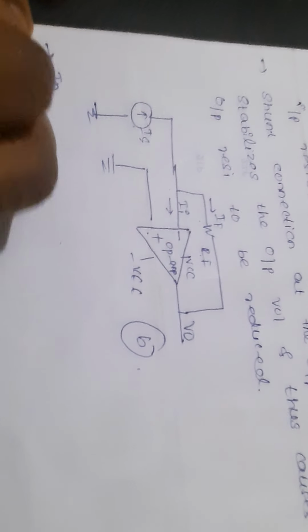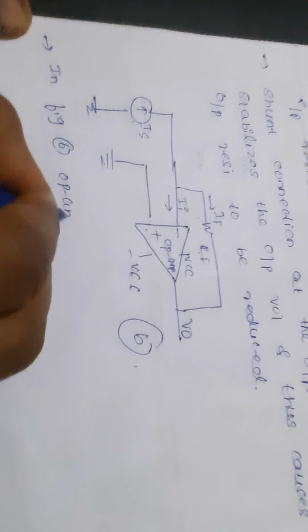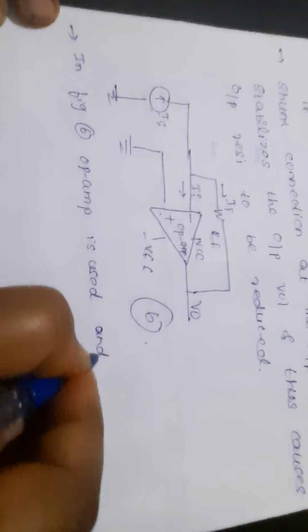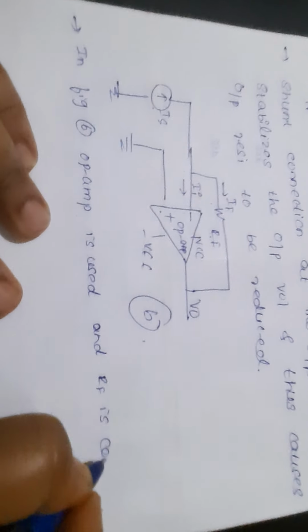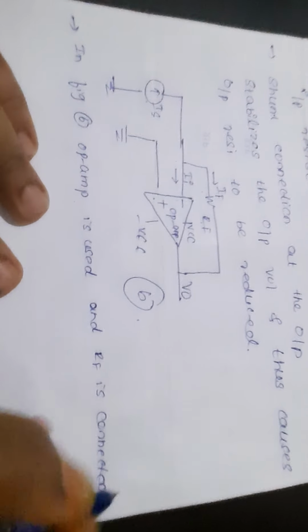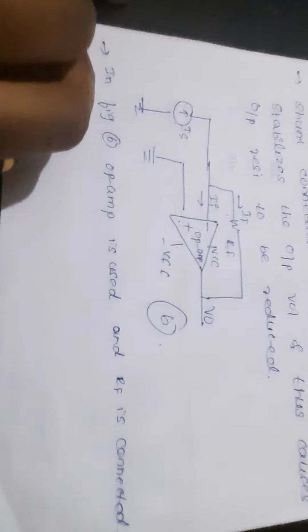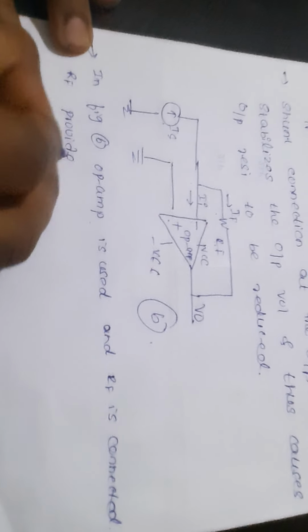Here in figure B, the op-amp is used and feedback resistance RF is connected in the feedback network. This RF provides what?